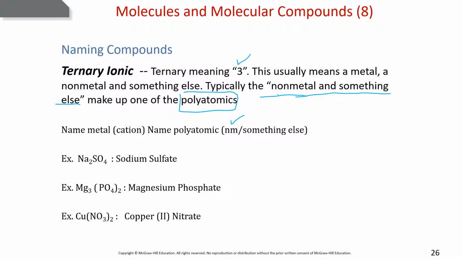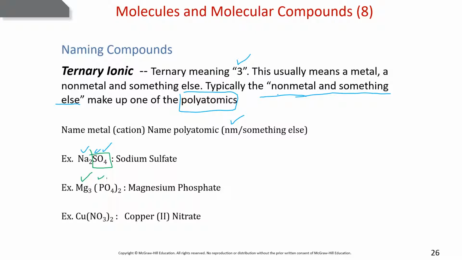So if I look at the first example, I have 1, 2, 3 separate entities, 3 separate elements. Again, I don't care how many of them I have. And if you go to your polyatomic list, you will see that SO4 is sulfate. I know that because I looked right on my list. Okay, so in this case, we name it sodium sulfate.